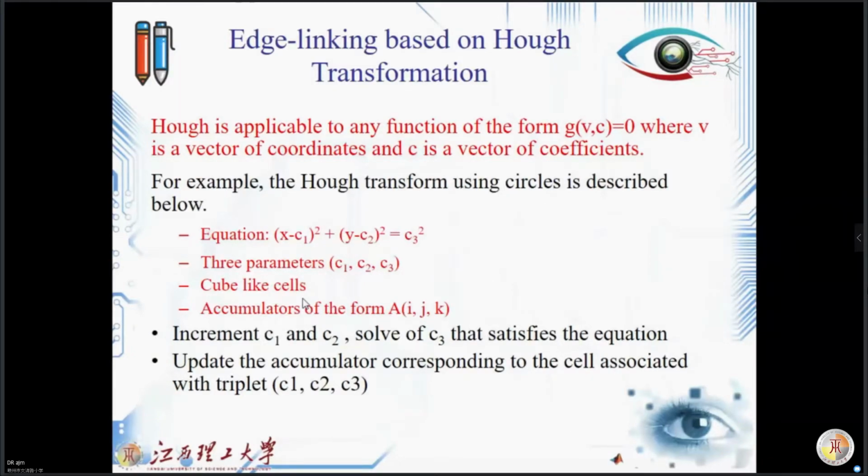These are three parameters, c1, c2, c3, and we have cube-like cells and an accumulator of the form A(i, j, k). Then increment c1 and c2, solve for c3 that satisfies the equation, and update the accumulator corresponding to the cell associated with the triple c1, c2, and c3.